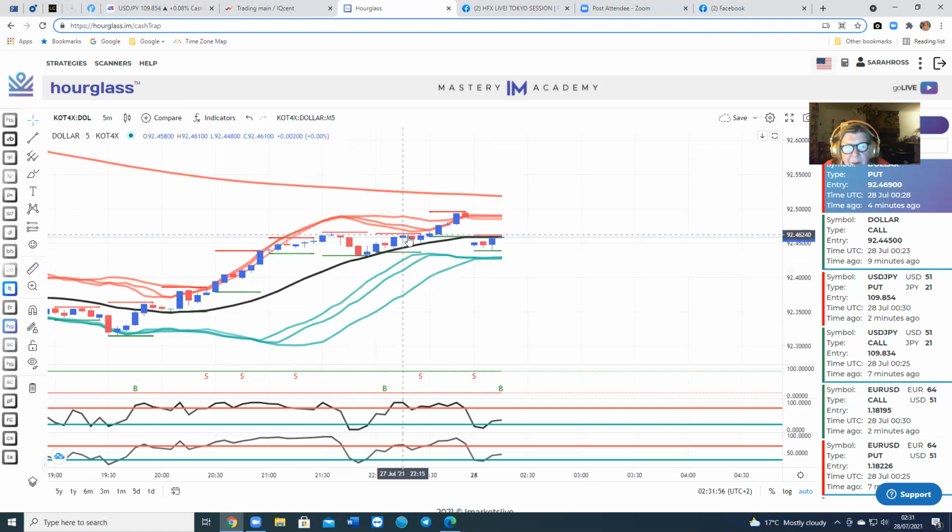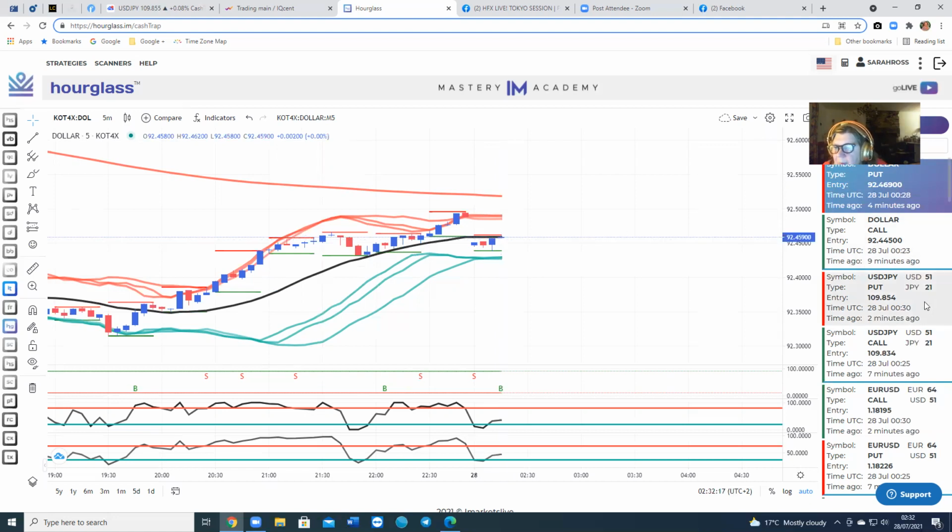It's met that line and bounced off it. It did break through, but then at market open, it opened lower. That was the put that I took, and if it is still increasing in strength, it's got to break through that line of resistance, which it will do, I think, to turn it into support.